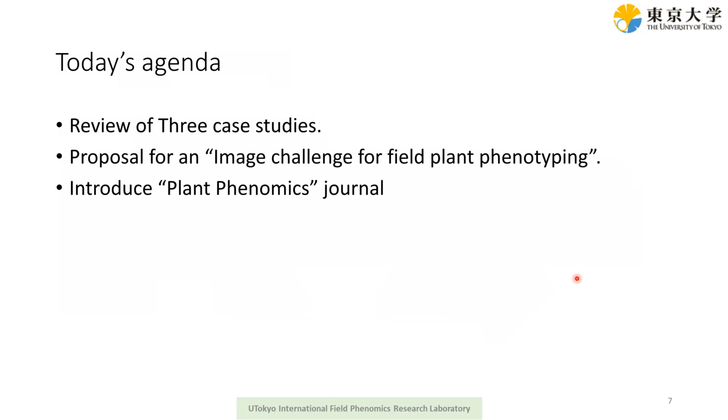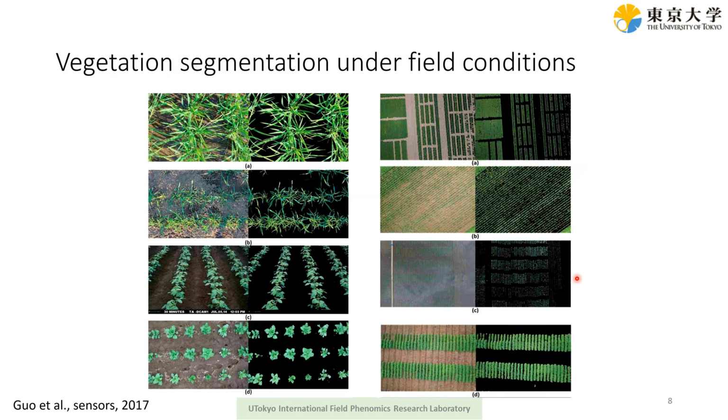So I would like to shift to today's agenda now. I will review 3 case studies our team did before, and I would like to propose an image challenge for field plant phenotyping to IPPN, and I would also like to introduce our new journal to all of you. First, I would like to start with my first use case, which focuses on vegetation segmentation under field conditions, as this is what most image-processing-based phenotyping requires.